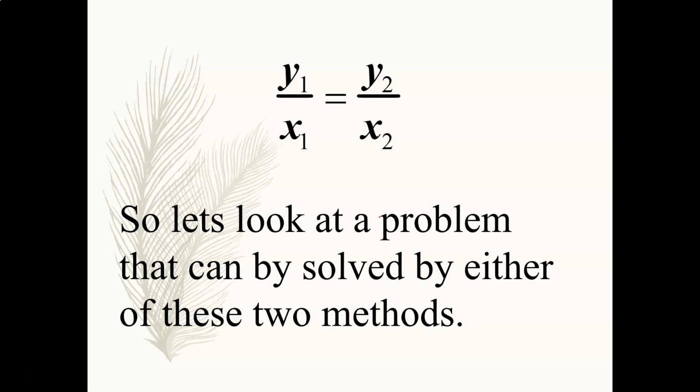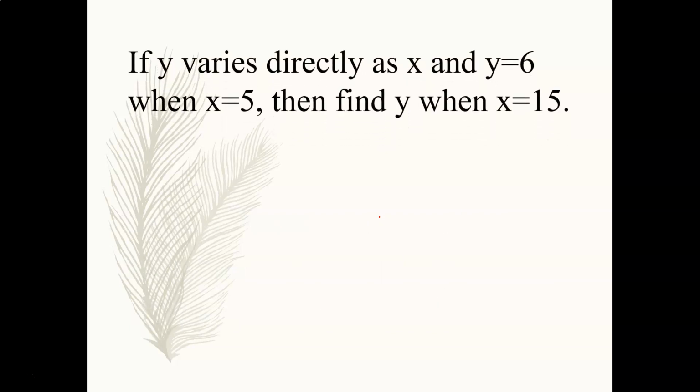Let's try some problems. If y varies directly as x, and y equals 6 when x equals 5, then find y when x equals 15. Here we have y1, x1, and we're looking for y sub 2, and x sub 2 is equal to 15.